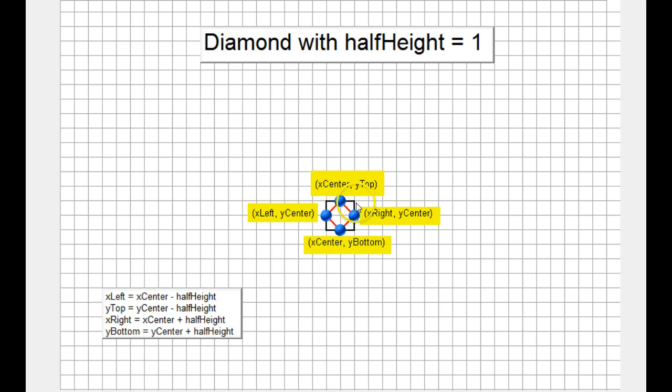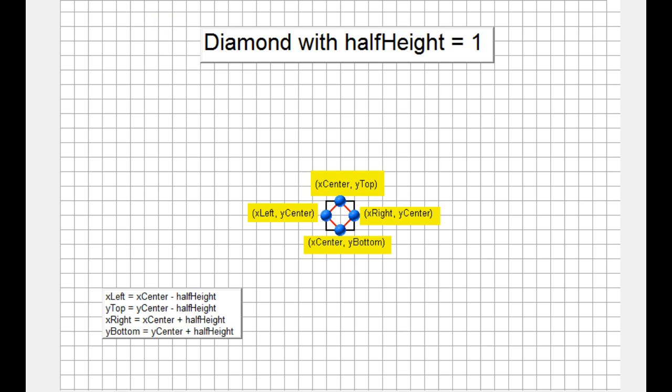The diamond and the square have the same top, same right, and same bottom. But what makes these vertices different is that for the x vertex we have x center. So we say x center y top, x center y bottom. And then for the y coordinates we go y center x left, y center x right, y center. So that's when the half height is equal to 1.